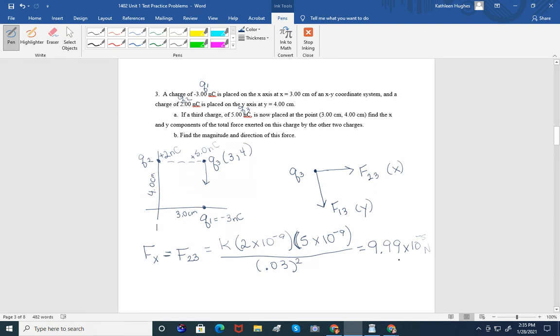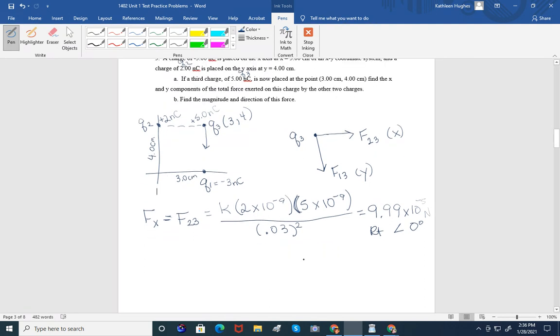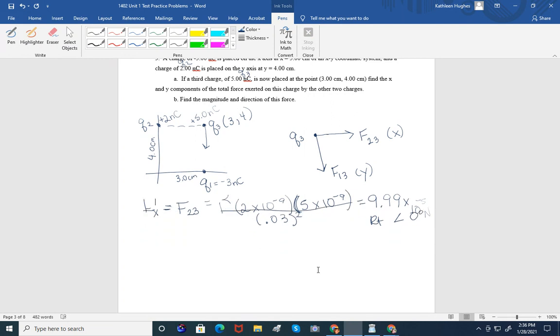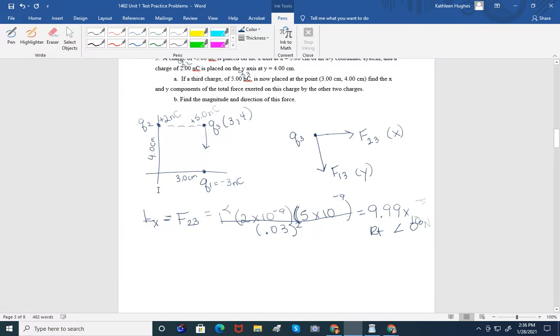Notice it's going to be to the right. Another way of thinking about the right is it's going to be at an angle of 0 degrees. Any way you want to think about it, that force lies in the positive X direction.